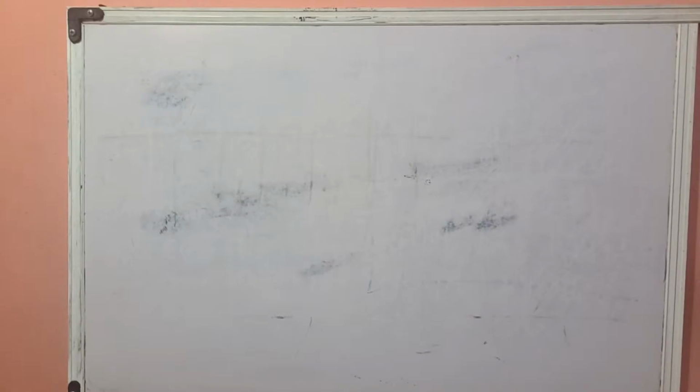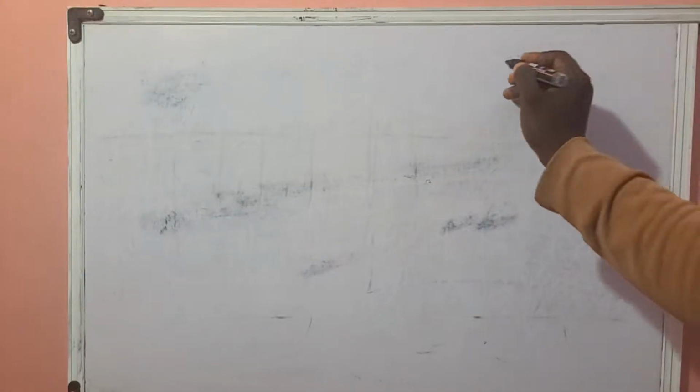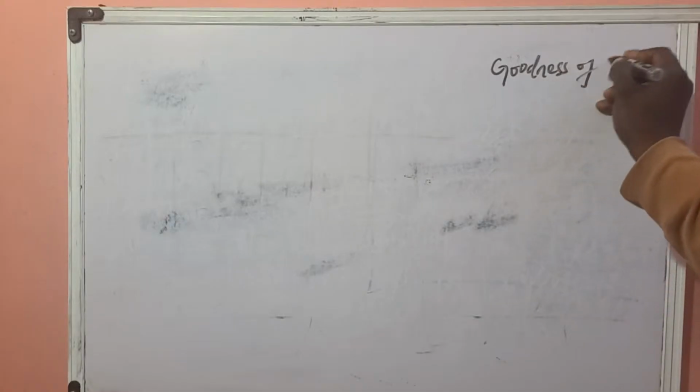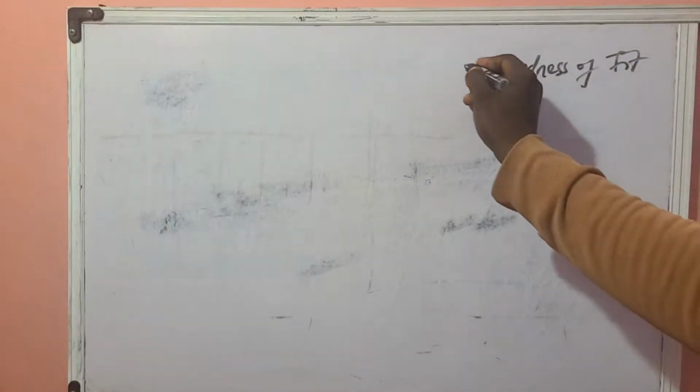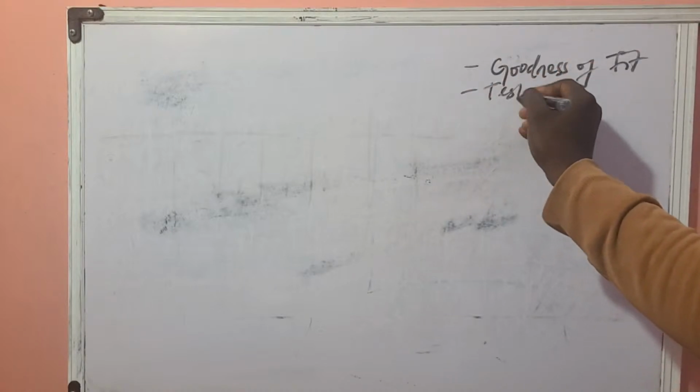We're still on chi-square. We started chi-square some times back, and we have spoken on goodness of fit. I told you guys that we have two major categories while conducting a chi-square test. We have the goodness of fit, and we have the test for independence.